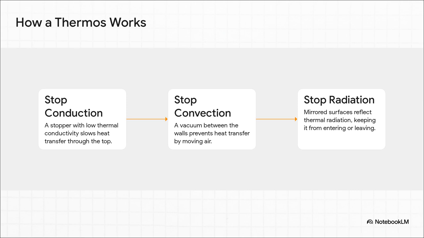First, it attacks convection by creating a vacuum between the inner and outer walls. No air means no fluid to move heat. Second, it tackles radiation. Those shiny mirrored inner surfaces reflect thermal energy, keeping it from getting in or out. And finally, it deals with conduction by using a stopper made of a really good insulator. It's a three-pronged defense to keep your coffee hot for hours.